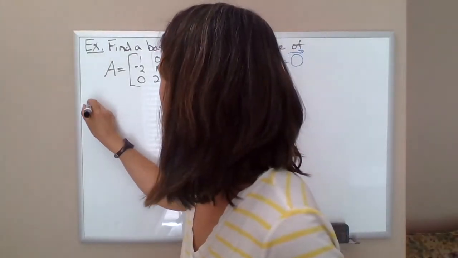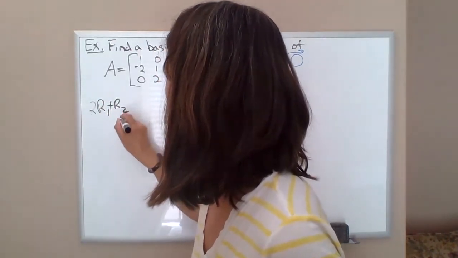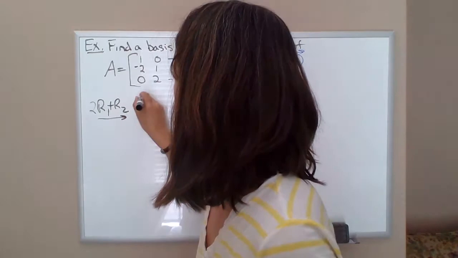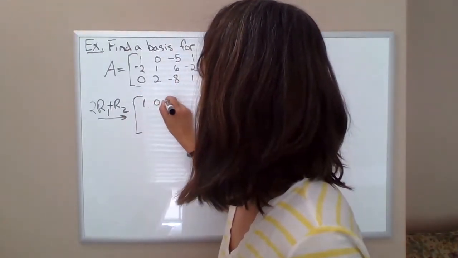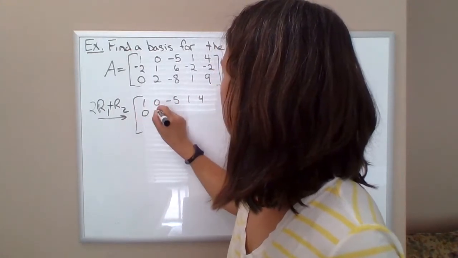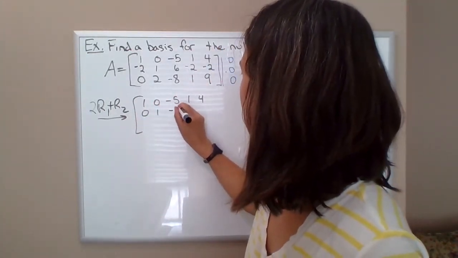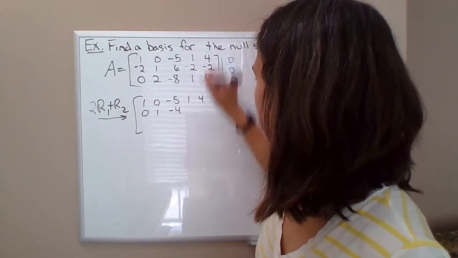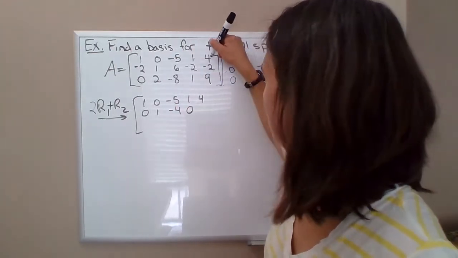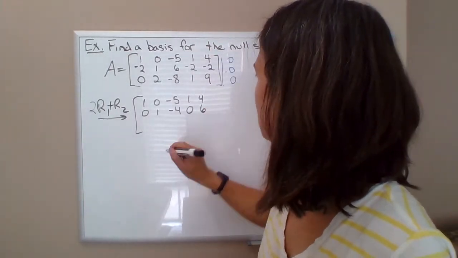So I would do 2 times row 1, good old row reduction, plus row 2. So we'll get 2 times this, so negative 10, so negative 4, 2 plus negative 2, and this will be 8 plus negative 2, so 6.